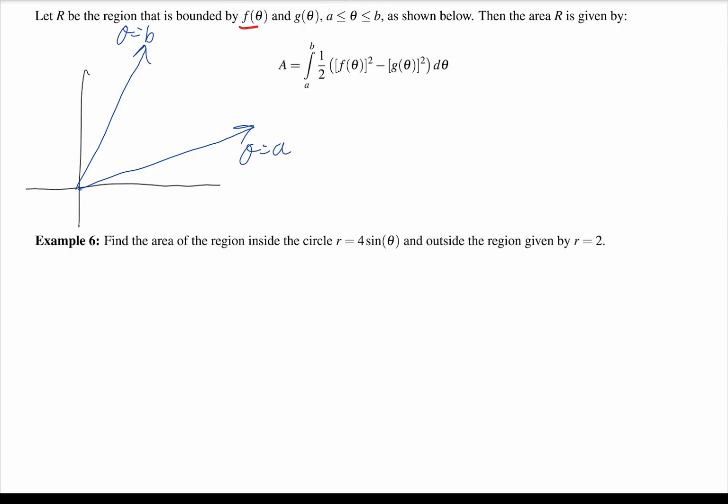Let's do something simple. Let's say this is our f of theta equation, and this is our g of theta equation. And what I'm looking for, our region R, is going to be this light blue region in here.